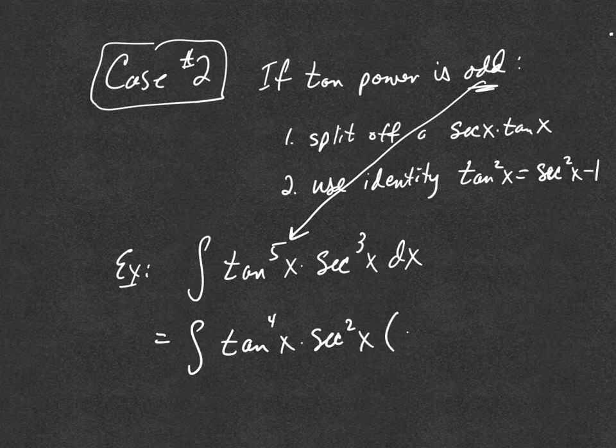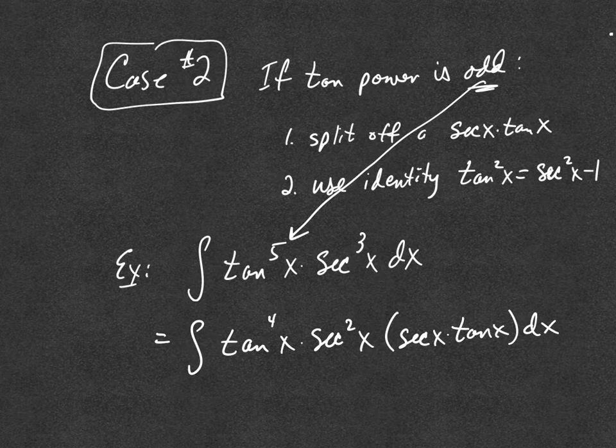And I'm going to purposely put those factors that we're breaking off in parentheses. So I'm going to take a secant and a tangent out of what I start with. So if I started with 5 tangents, I took 1 out, so I'm left with 4. I started with 3 secants, I took 1 out, I'm left with 2. And again, the reason I'm going to put those in parentheses is eventually this is going to become our du.